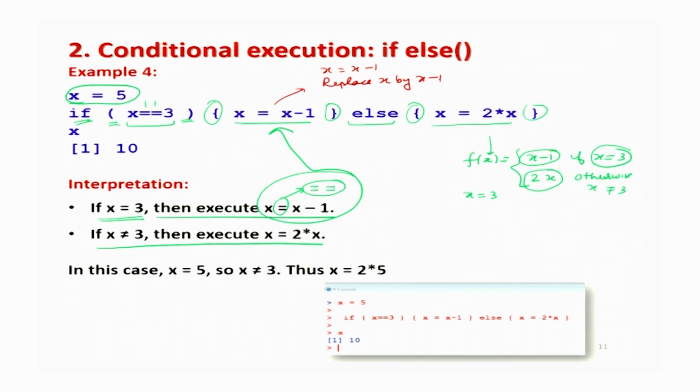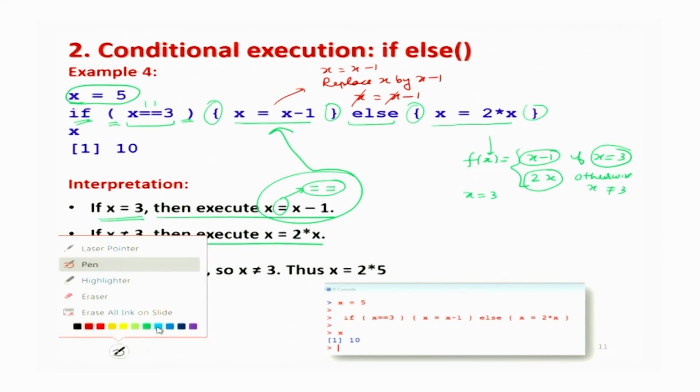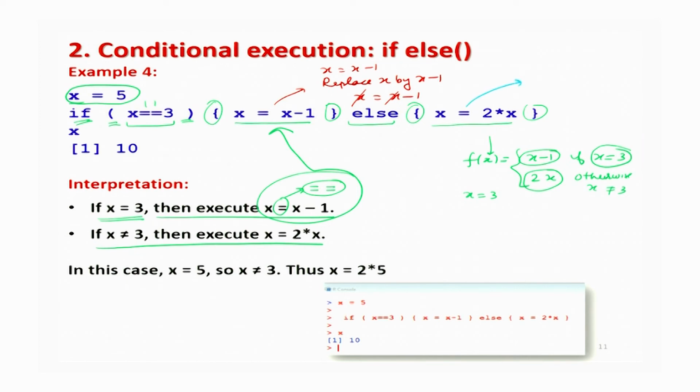Some people may think of it mathematically as x is equal to x minus 1 and try to cancel x, which would be simply rubbish. It has no meaning. Similarly, here x is equal to twice of x means replace x by twice x.